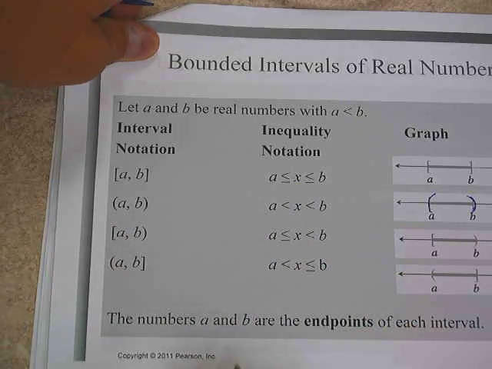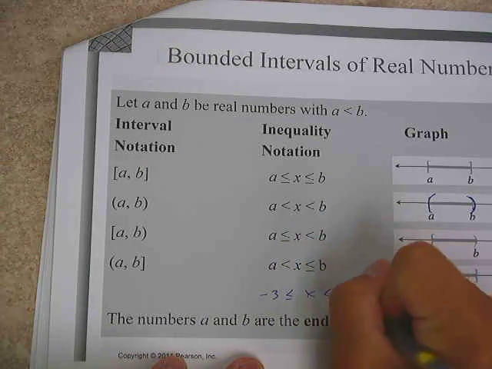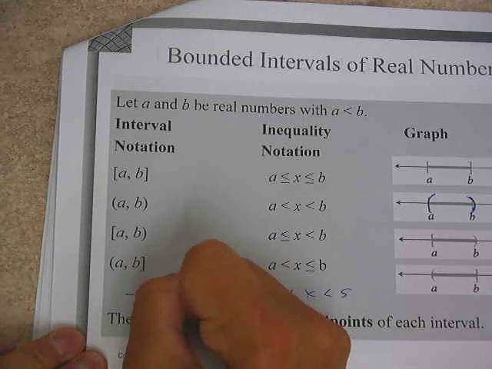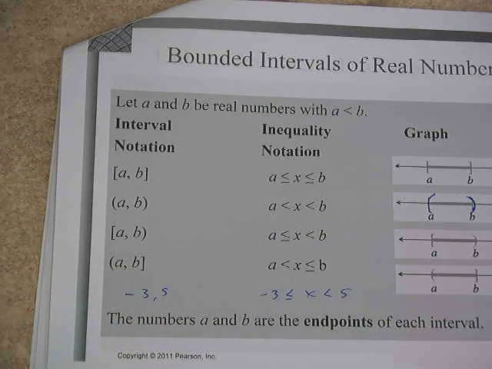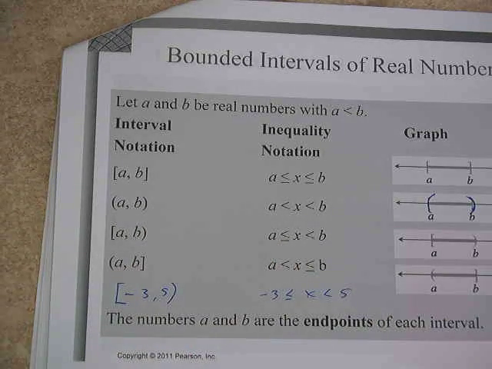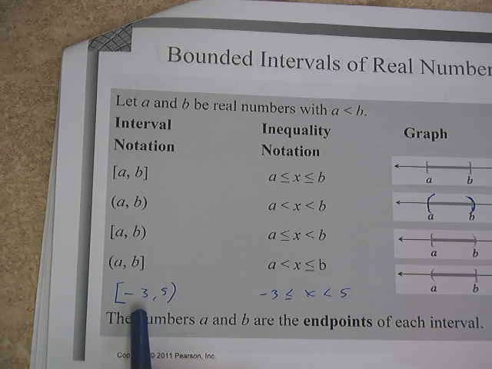Now, one of the things that we will often do from here on out in math is instead of drawing a graph, or using inequality notation, there's a more compact notation called interval notation. And with interval notation, you notice that we have the same symbols. The brackets go along with the or equal to's. The parentheses go along with the not or equal to's. And so for our example, we had negative 3 less than or equal to x less than 5.